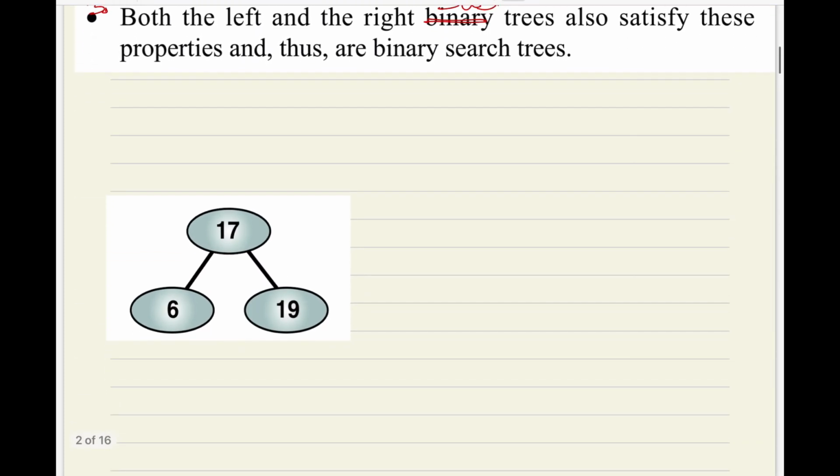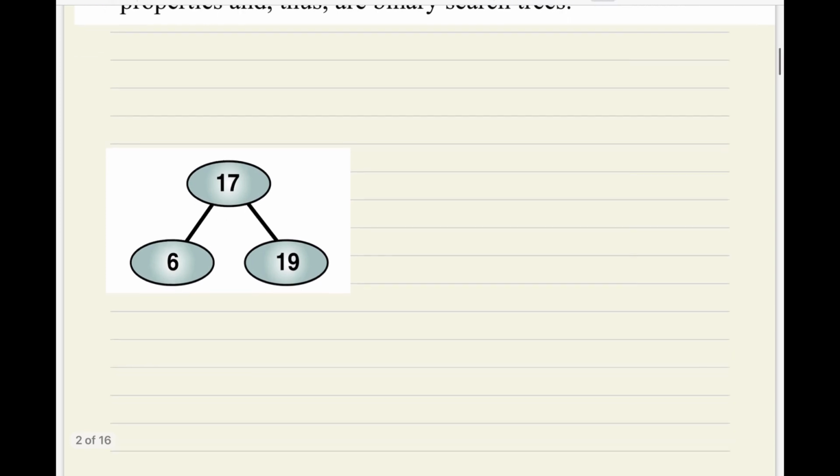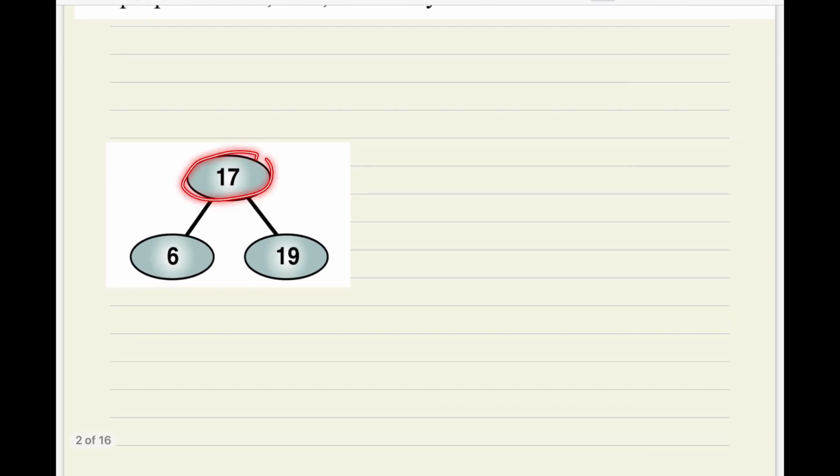Now, we will see some examples. Consider this one. Here the root value is 17, and the left child is 6, which is less than the root node 17, and on the right side it is 19, which is greater than 17.